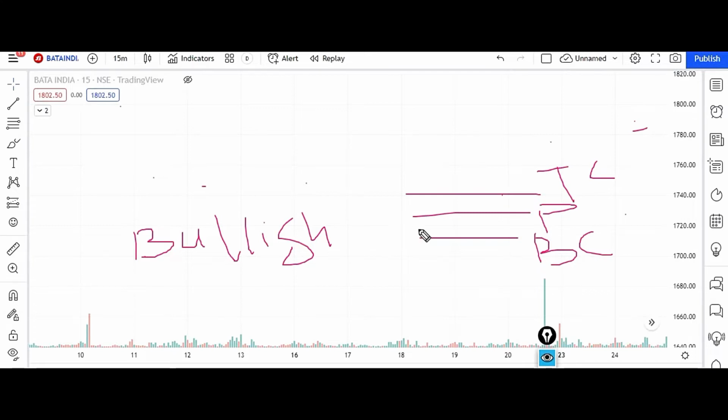When we say the price is bullish using CPR, the price is trading above TC. Suppose the price opened here at 9:15 and came down to this level, touched it and took support here, then this is called bullishness. This will work as a support for the price.